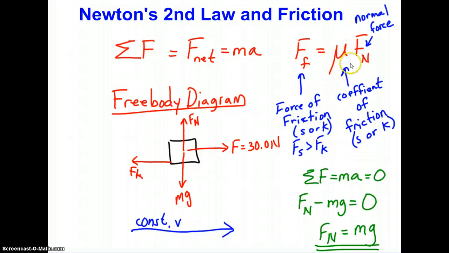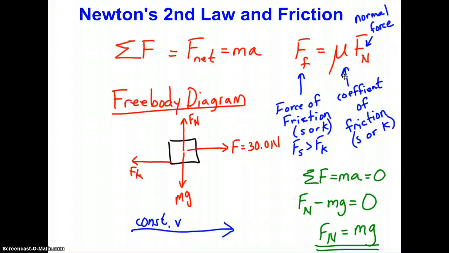The symbol mu in this equation stands for the coefficient of friction. One of the most common mistakes made by beginning physics students is confusing the difference between force and coefficient of friction. Force is the amount of effort to overcome it, and the coefficient is actually a relationship, a ratio, a number.